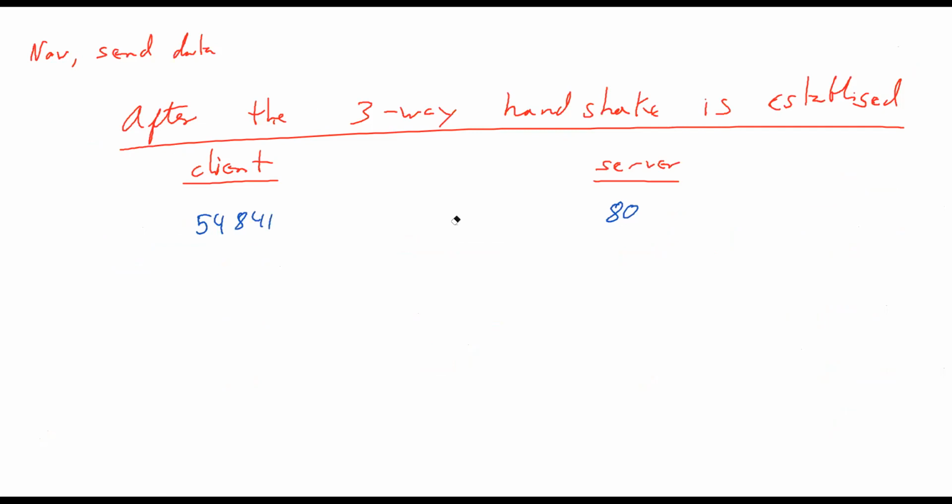So let's go back over here. The first thing that's going to happen is the client is going to send some data, whatever it is. Let's say it sends 725 bytes of data. This packet is going to be a push and ACK packet, so you're pushing the data, and the length of the data is going to be 725. That's the amount of data that you have sent.